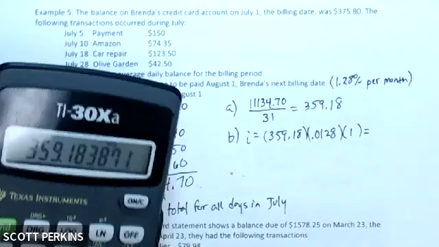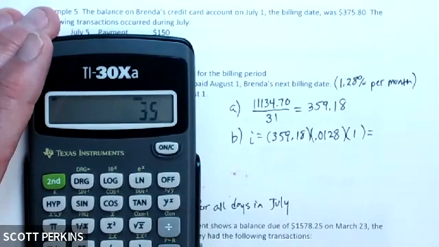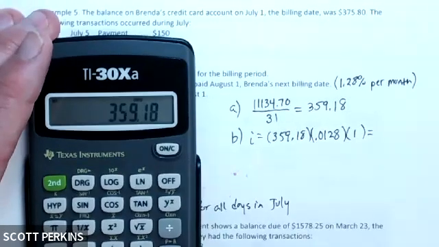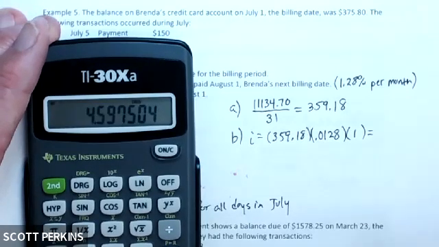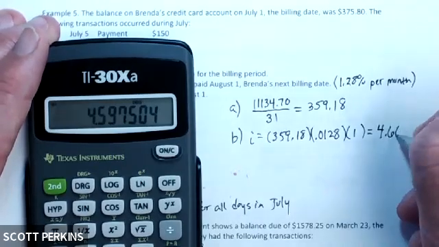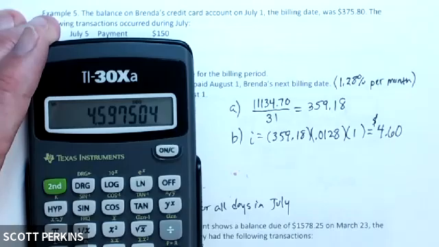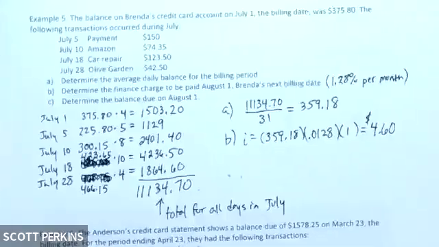So here goes. At long last, we're just about done. 359.18 times the 0.0128, and then times 1, which is just going to be the same thing. It's 4.597, so that's going to be 4.60, meaning Brenda's getting charged $4.60 that month. So not too bad.